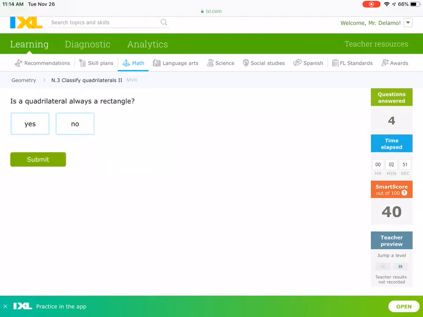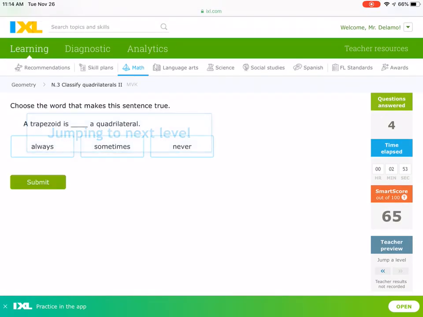Okay, let's move up a level. So this says, choose the word that makes this sentence true. A trapezoid is always, sometimes, or never a quadrilateral. Okay, so what does it take to be a trapezoid? To be a trapezoid, you have to have four sides, first of all.